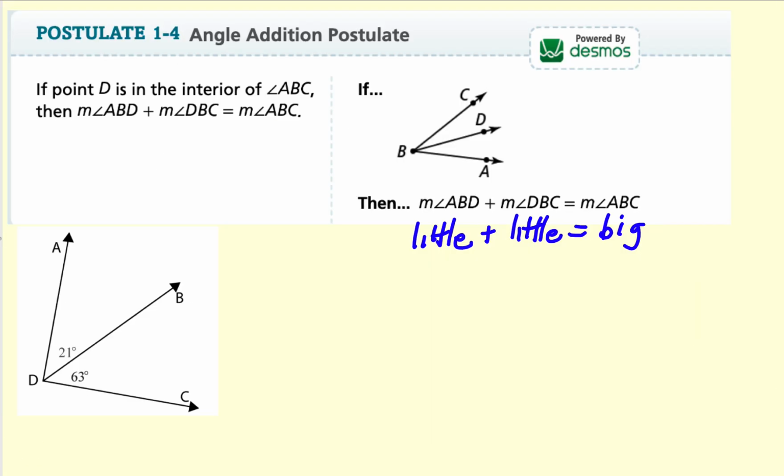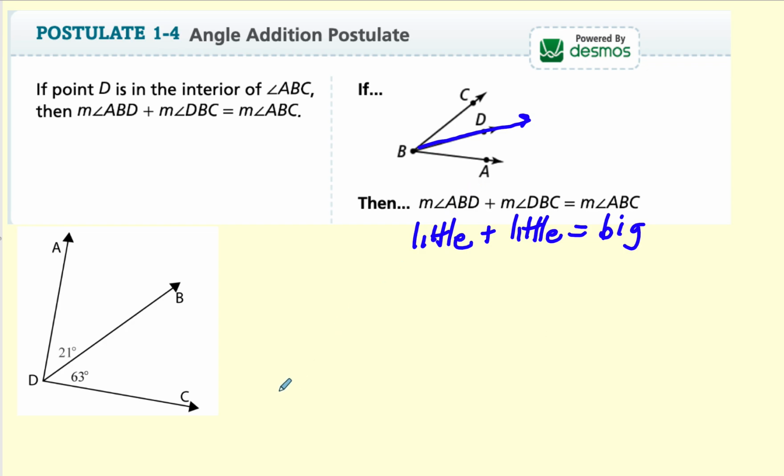Let's take a look at the angle addition postulate, very similar to the segment addition postulate. The little angle plus the little angle is equal to the big angle as long as the 2 angles share a common ray. Look here, this ray, they have to share it. They have to be next door neighbors, adjacent to each other.